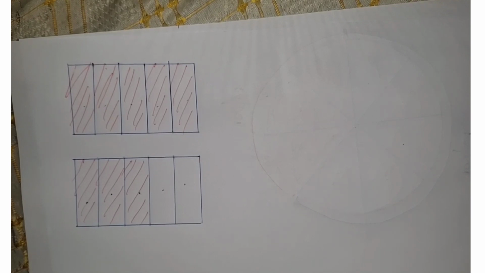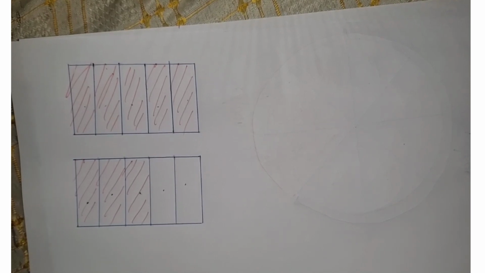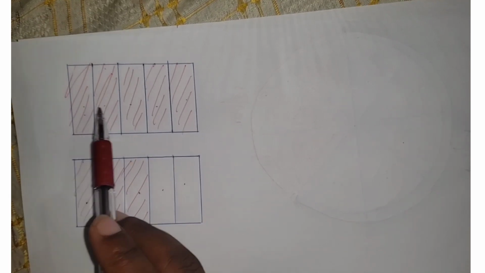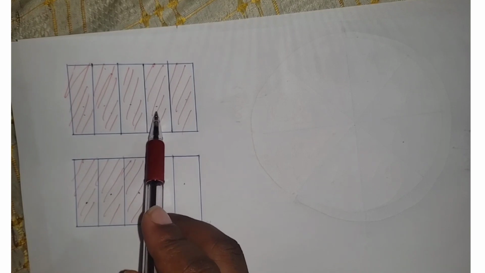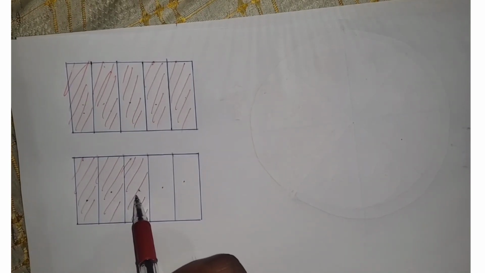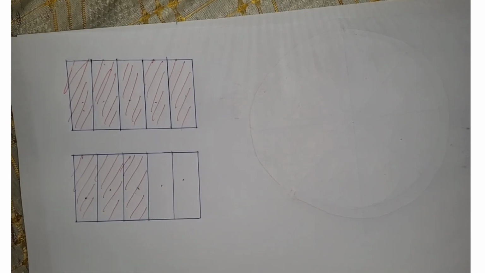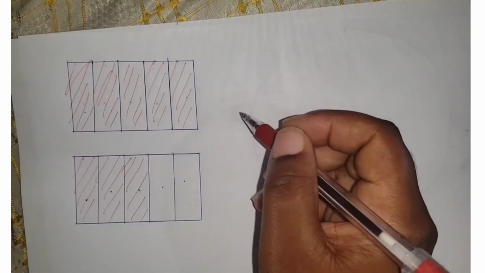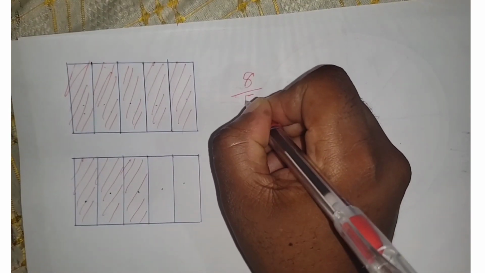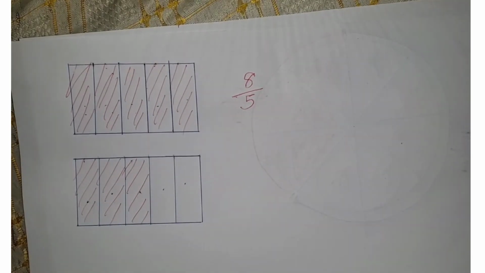So can we count and see how many fifths they got in all? 1, 2, 3, 4, 5, 6, 7, 8. So they got 8 of the fifths in all. So 8/5 is written like this: 8 out of 5. So that is how we write 8/5.